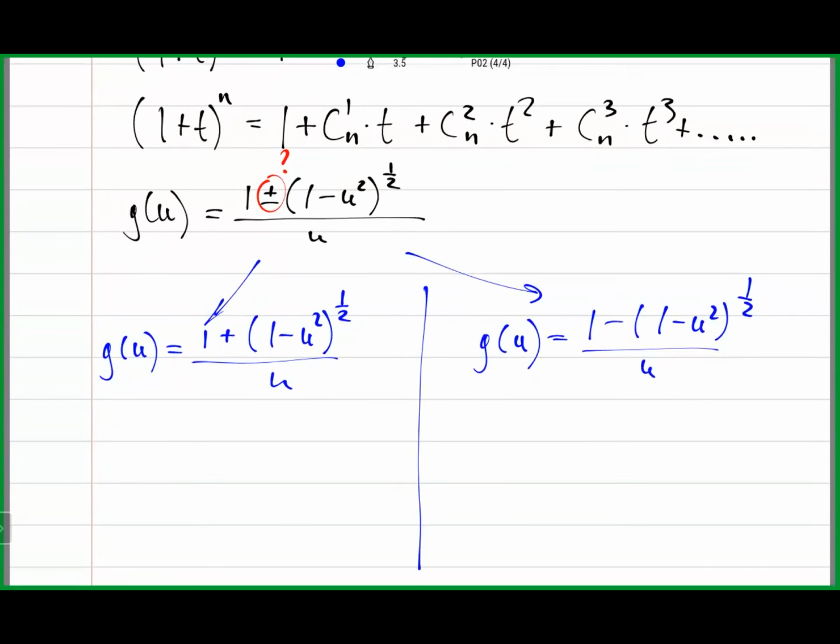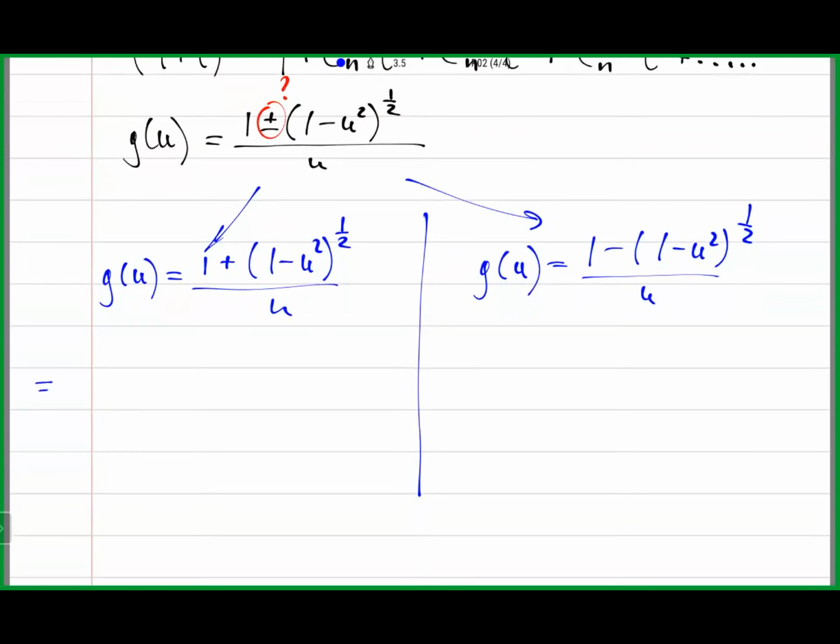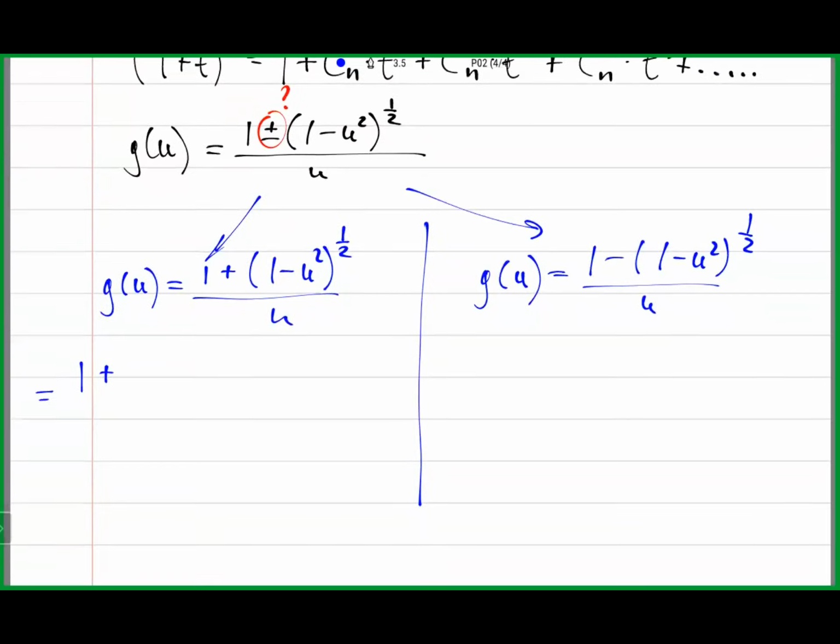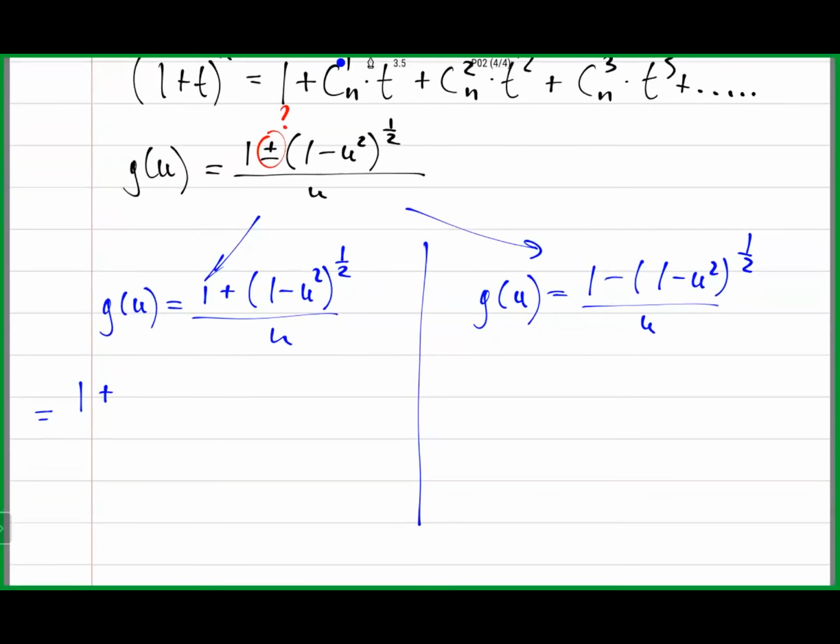In the first case, we will get 1 plus 1 minus binomial coefficient c(1/2, 1) u squared plus c(1/2, 2) times u to the power 4 plus and so on, divided by u.